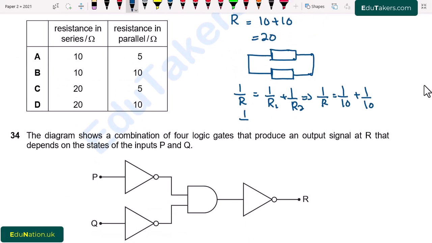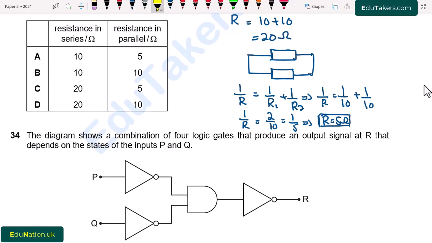So 1 over R is equal to 2 over 10, which is 1 over 5. From here R is equal to 5 ohms. So when the resistances are connected in parallel, the total resistance is 5 ohm, and when these are connected in series, the total resistance is 20 ohm.